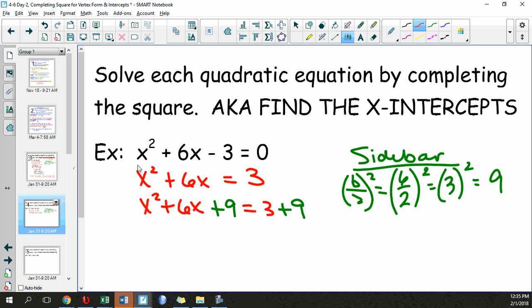The next step is we need to rewrite this. And yesterday we learned that it was going to be the x with the b sign, and then the b divided by 2 calculation. So what I told you yesterday, it was going to be this, this, and your b over 2 every time. So I have x, the plus, and then 3 squared is equal to 12.